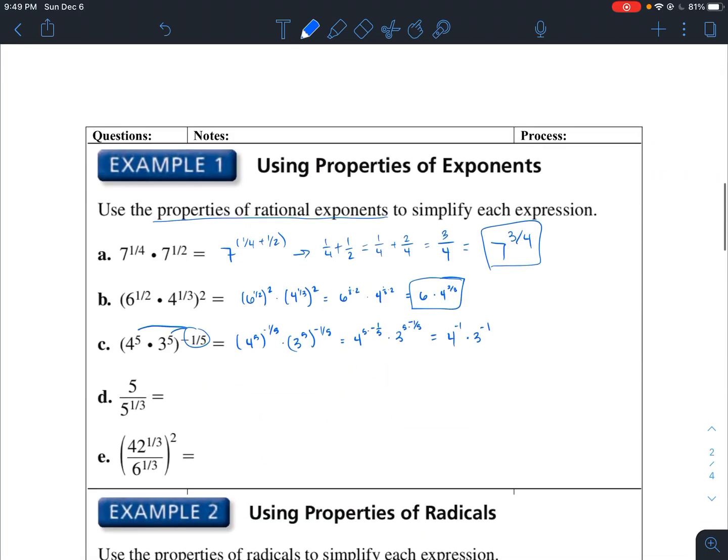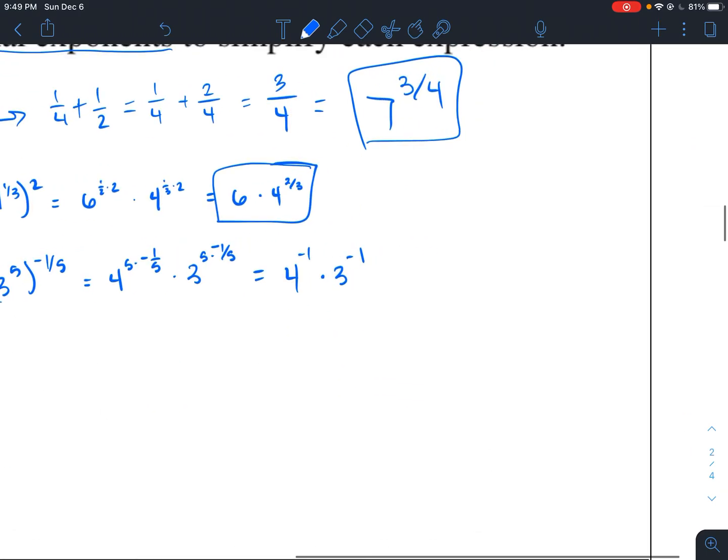So that's what we can do with negative exponents. So this would be equivalent to 1/4 to the 1st power times 1/3 to the 1st power. And anything to the 1st power is just itself. So this is equivalent to 1/12 because we can multiply across.